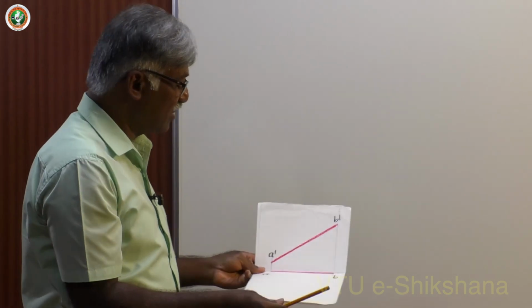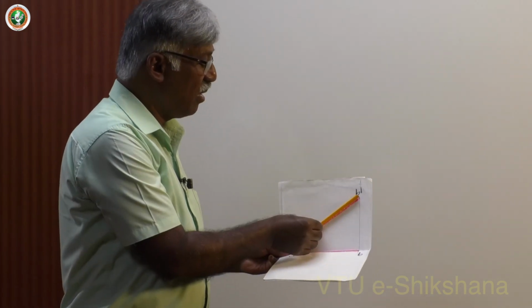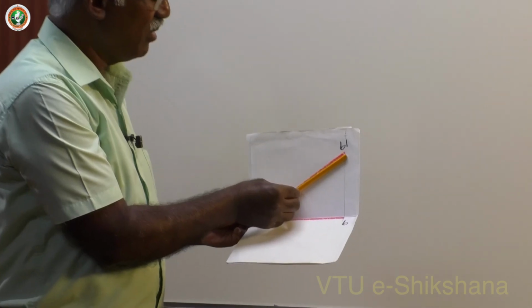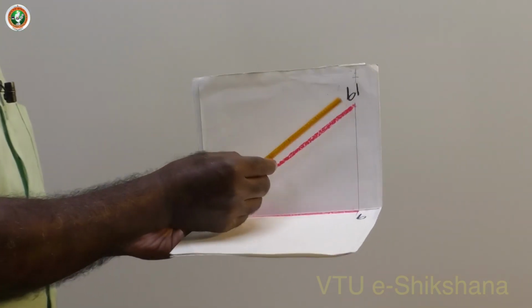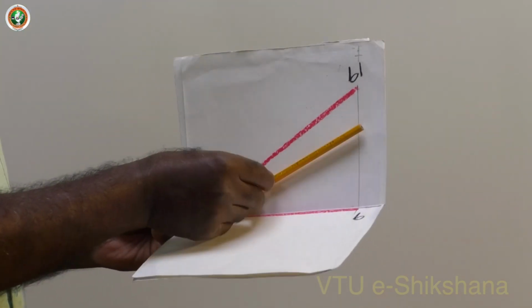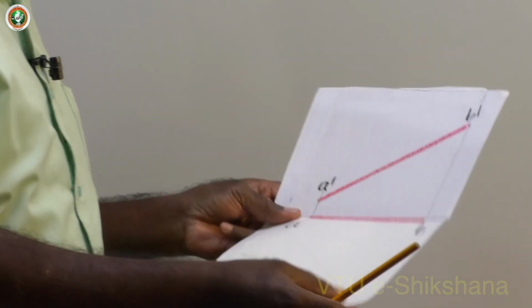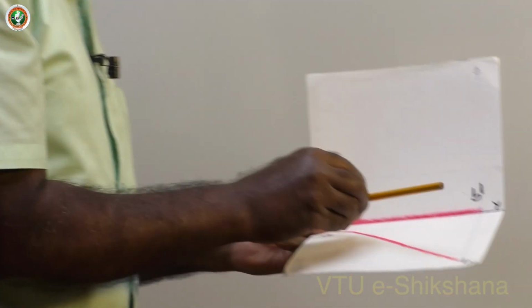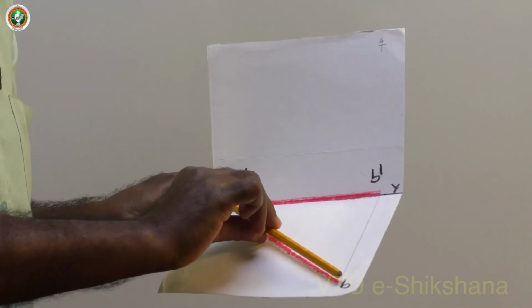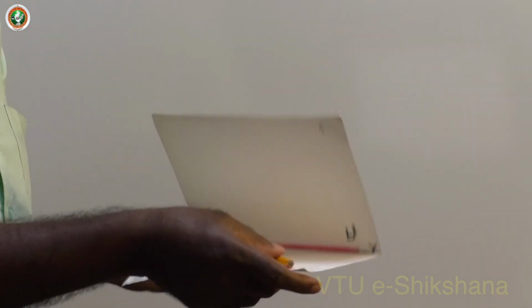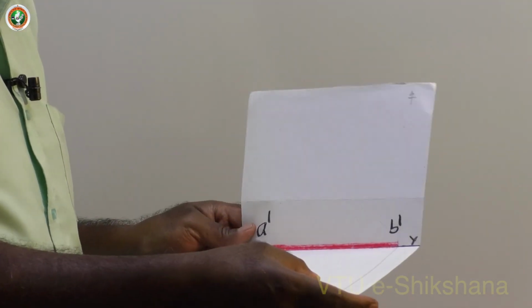Now you can say this is on VP and one point is 10 mm above HP, and the corresponding front view and top view. And again here we have the line inclined at some degree to VP, inclined at some degree on HP.